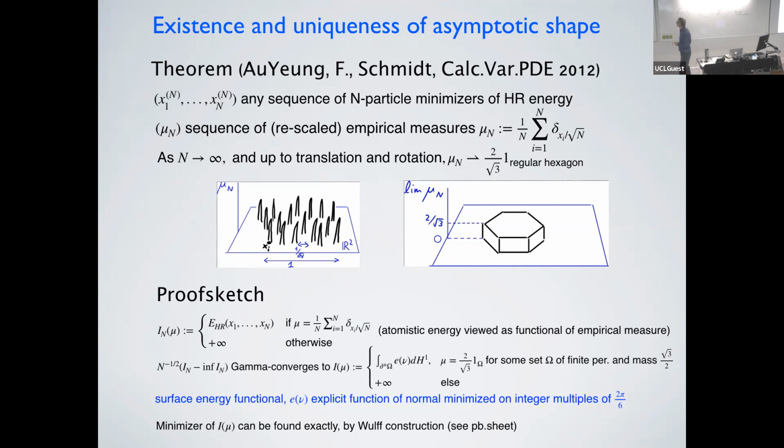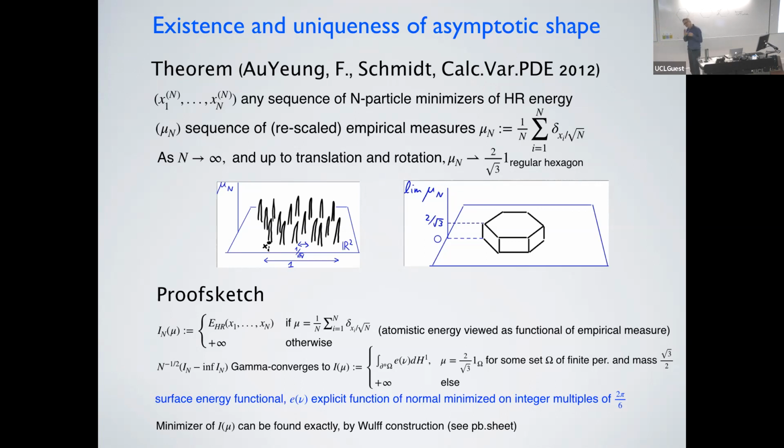I think it's really an early paper using empirical measures on these deterministic problems. I don't know any earlier paper than that, actually. And then as n goes to infinity, up to translation and rotation, the mu n converges to the characteristic function of a regular hexagon.